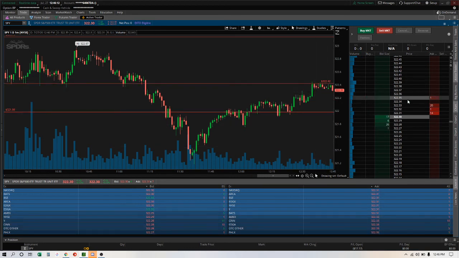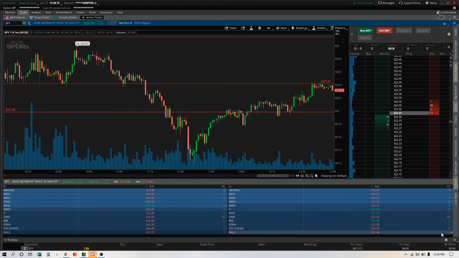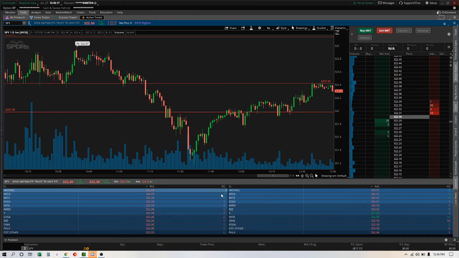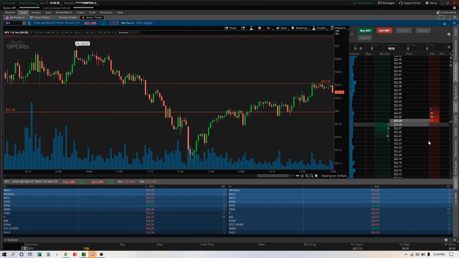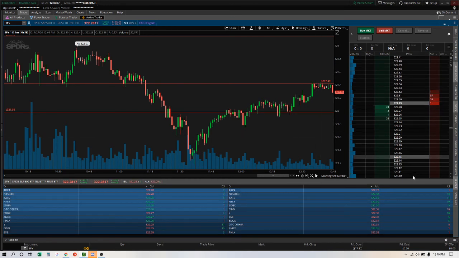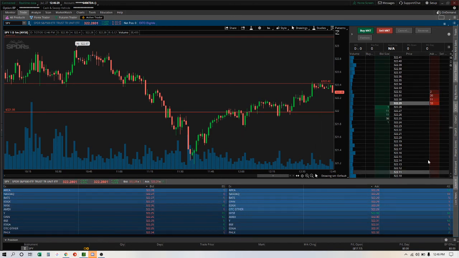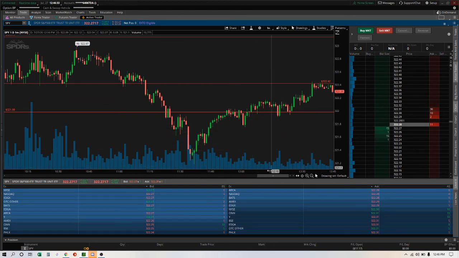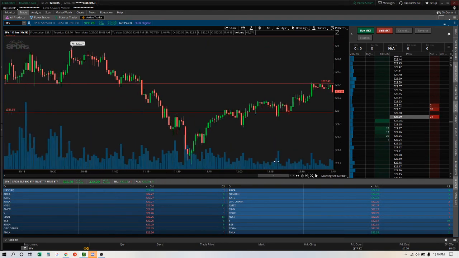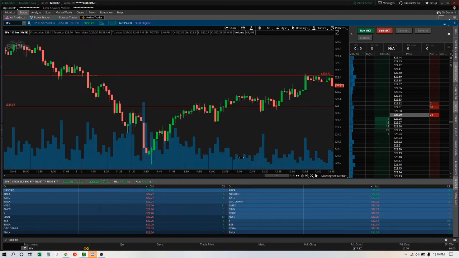We broke through that level. And if you look, now we're getting a decent amount of buyers, decent amount of sellers, but we're still moving down. And you can see as we keep moving down, everything's coming with it, and the buyers and sellers are as well.